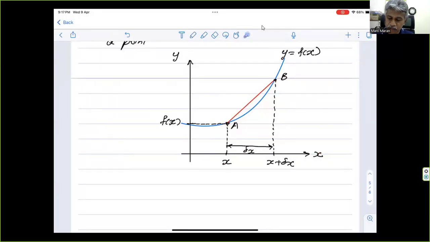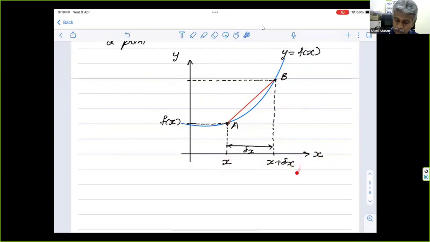So since this is x plus delta x, this will be the x coordinate of B. What will be the y coordinate of B? When you draw a horizontal dotted line here, remember earlier when this was x, you got f of x.